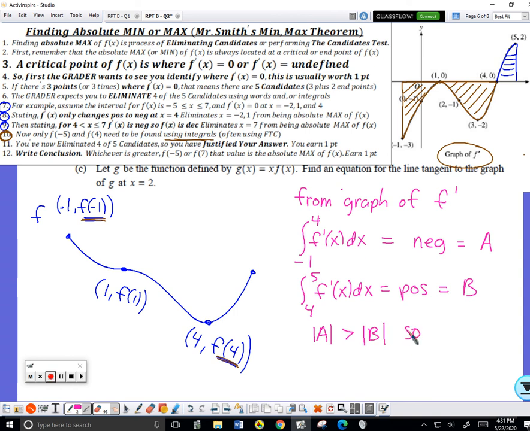So f, not f prime, decreases more for the interval negative 1 to 4 than f increases for the interval 4 to 5.